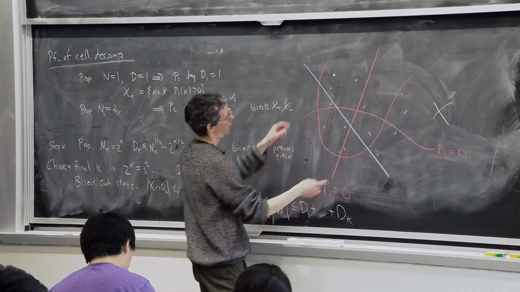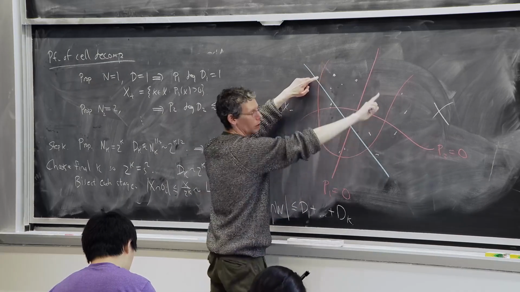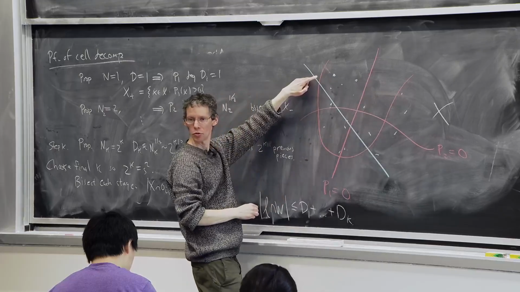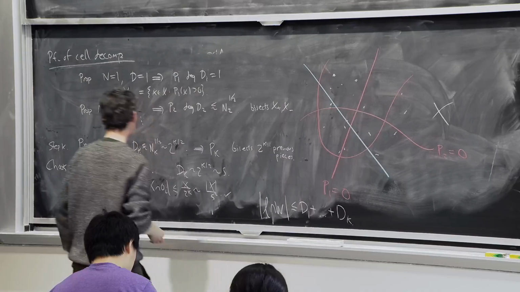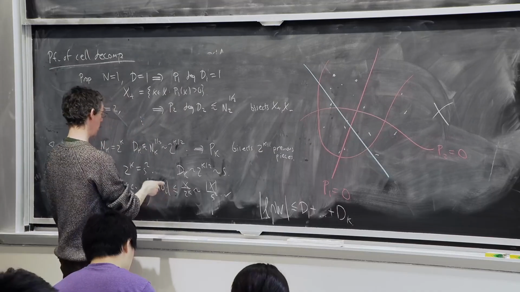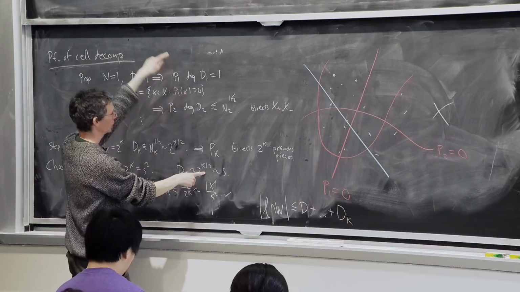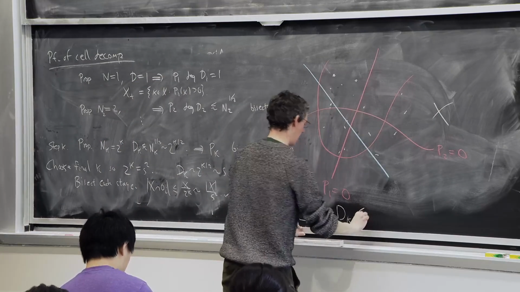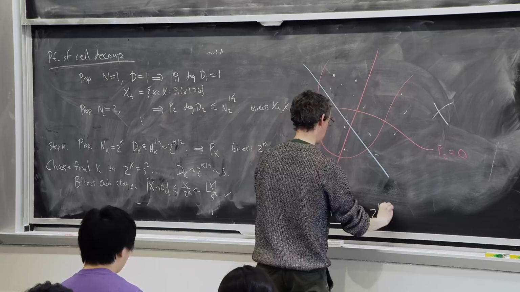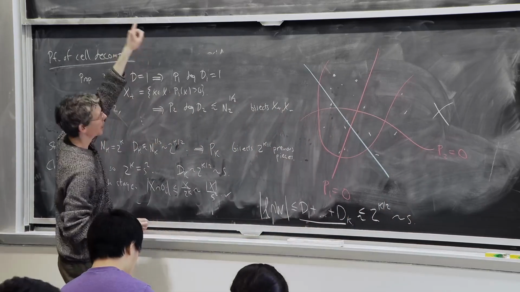Because how many times does a line intersect the 0 set of a polynomial? It's at most the degree. OK. So these degrees are bounded by 2 to the k over 2. So this is a geometric series. It's bounded by its last term, 2 to the k over 2, which is around s. So that's the second bullet.